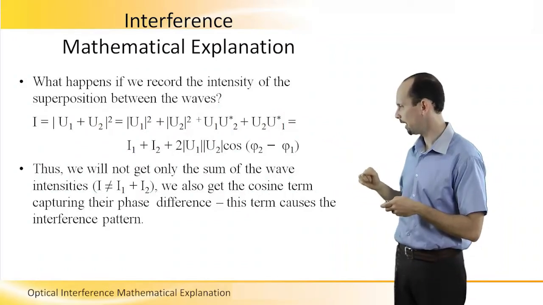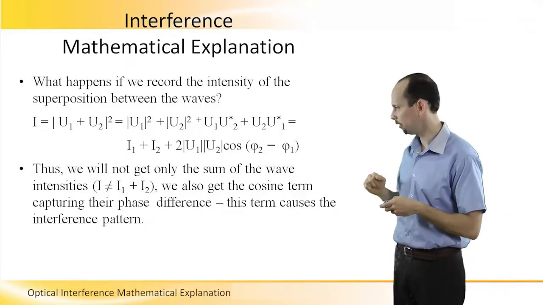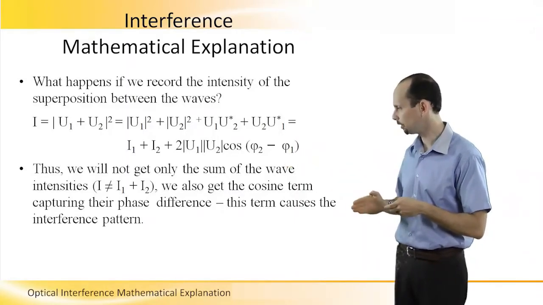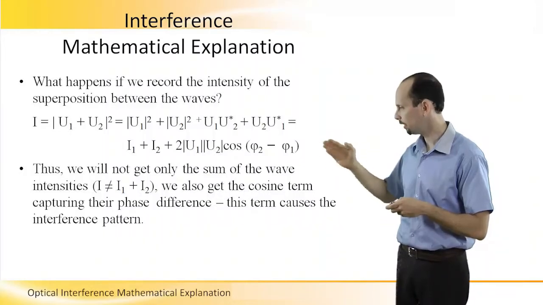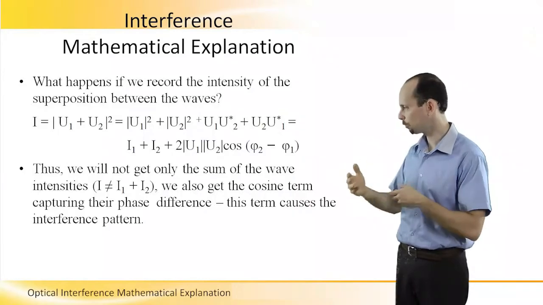That means that we didn't get a summation of the intensity. The total intensity I is not equal to the intensity of each of the waves, I1 plus I2, because these two waves interact with each other.